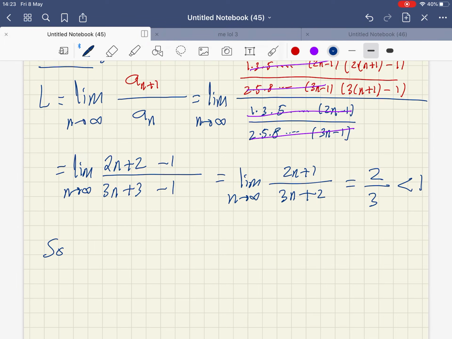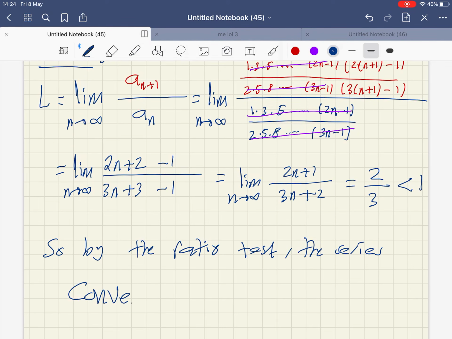So by the ratio test, the series converges.